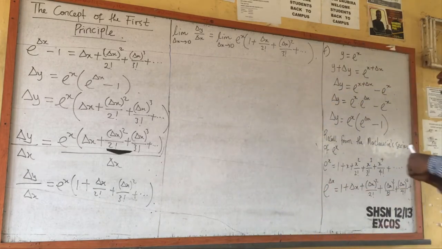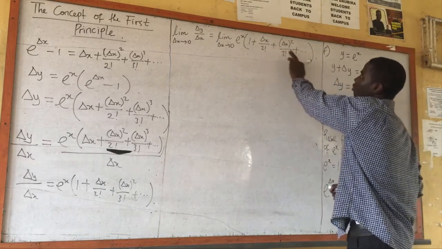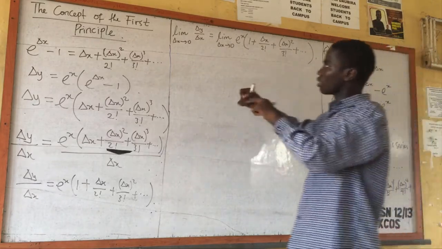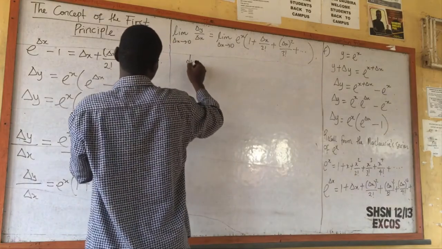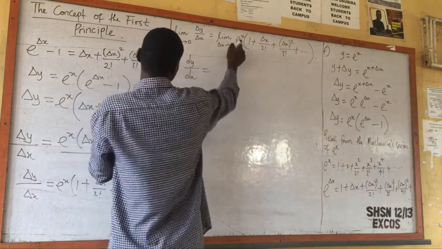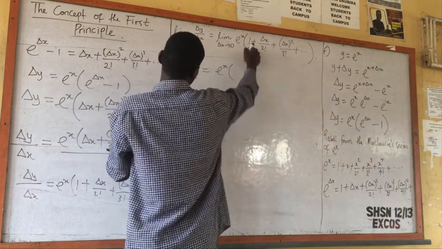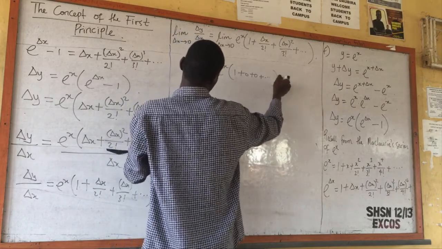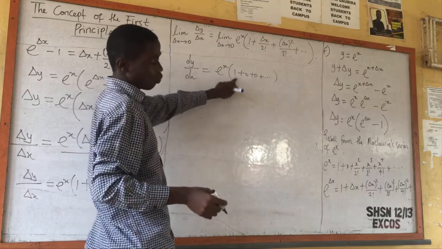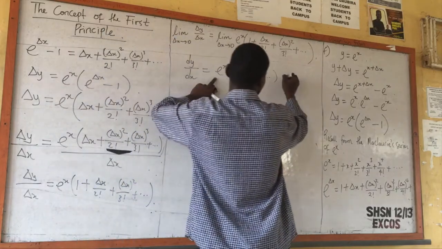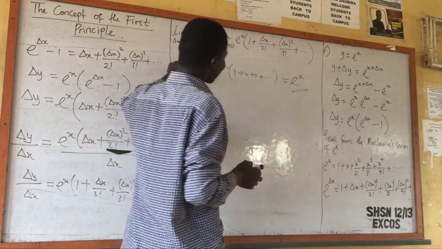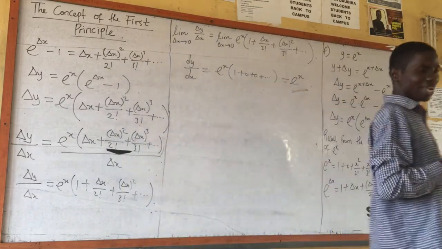Anywhere you see delta s equals 0, this one will be 0, and everything upward will be 0. So dy ds is equal to e raised power s, we will be left with 1 plus 0 plus 0 plus 0, and all like that. So that will just be 1. Anything times 1 is still the same thing.